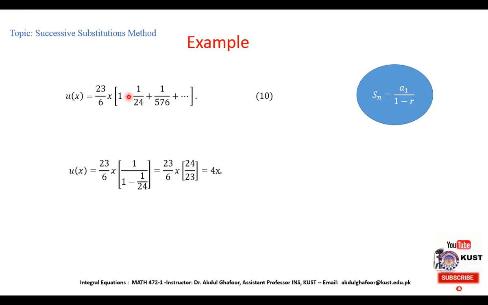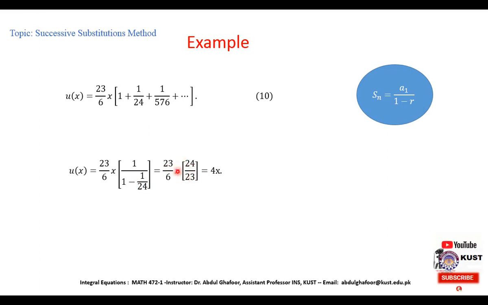So using this formula for the summation of this series we are getting a1, which is 1, by 1 minus r, so 1 by 1 minus 1 by 24. By taking LCM 24 over here, we are getting 24 minus 1, that is just 23 divided by 24, so that 24 can be shifted to the numerator, and we are getting 23 by 6 x into 24 by 23.